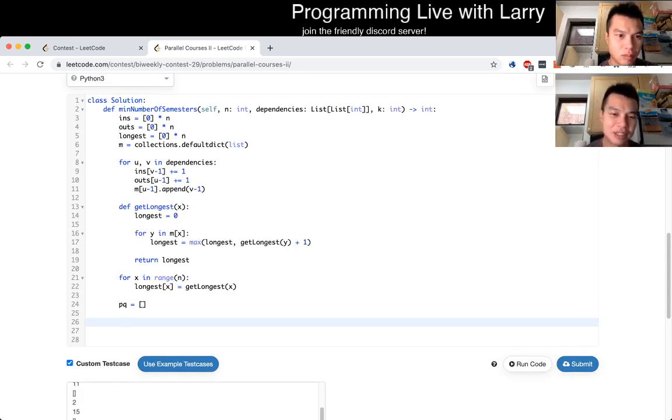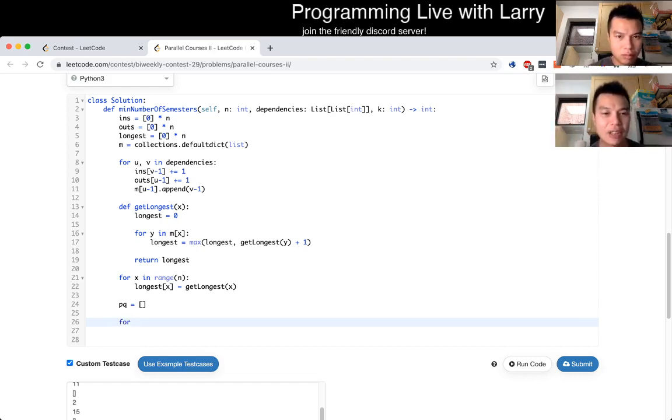But yeah. So I was just thinking a little bit of what do I need to sort it by? Do I need to sort by the out degrees? I was like, no, not really, because even if a node has a lot of out degrees, you still have to query it in some order because the longest path is the thing that matters the most.